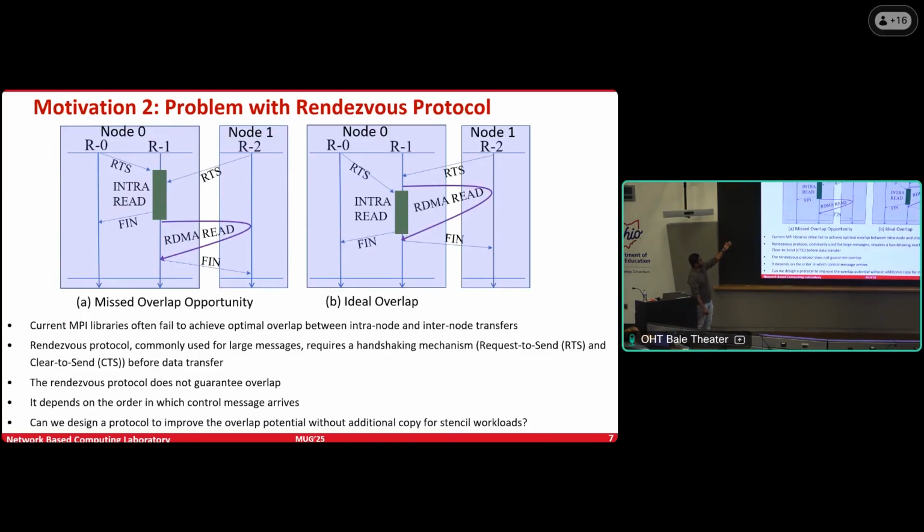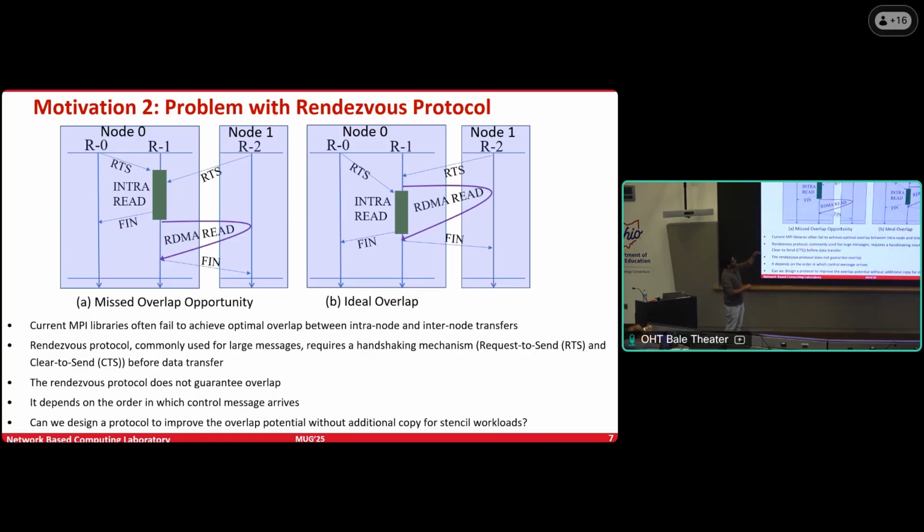And the second point is, they use fixed protocols for a given message size, and we believe that work stealing has an additional overhead. So for certain message sizes or scenarios, often switching to a basic protocol might do much better than using work stealing designs. So this is the motivation 2.